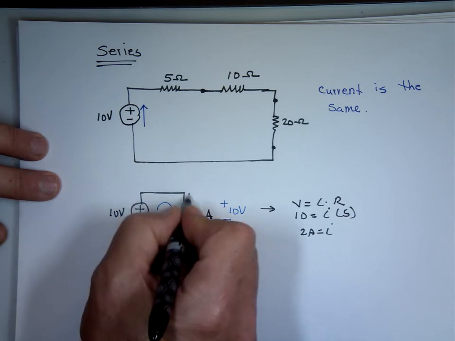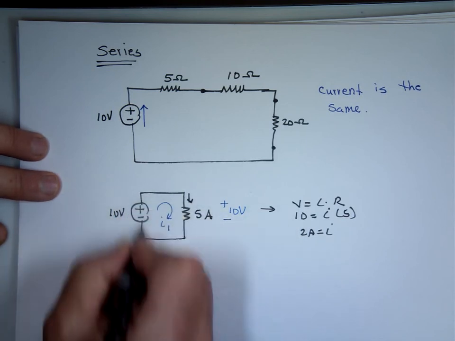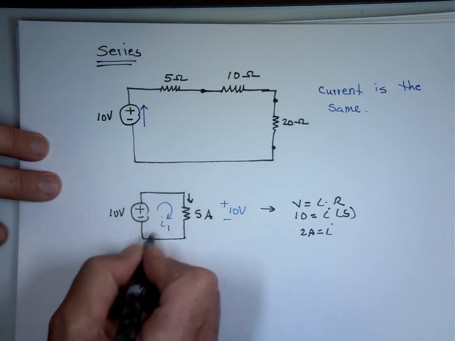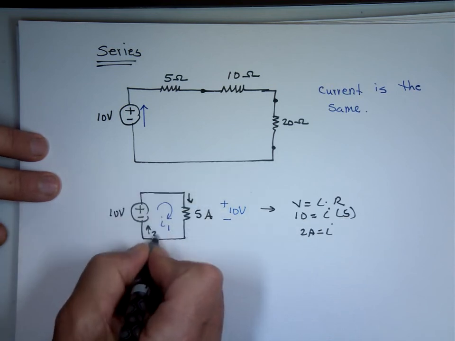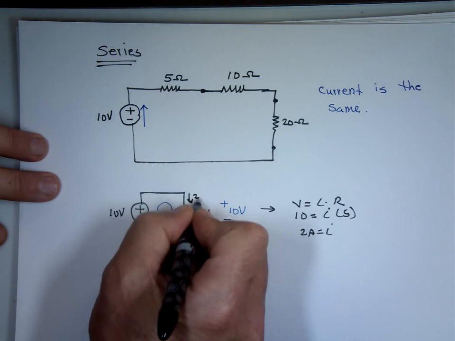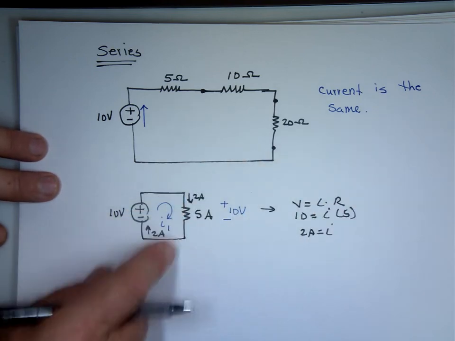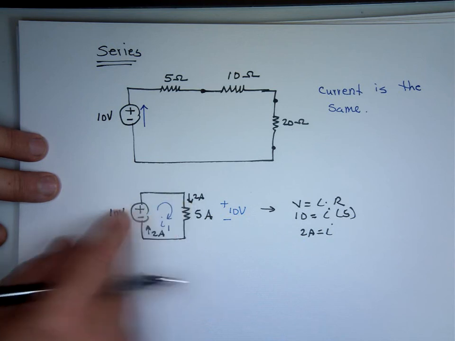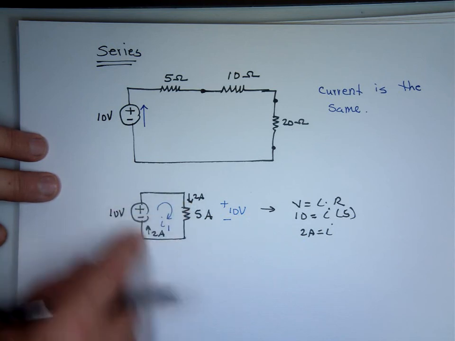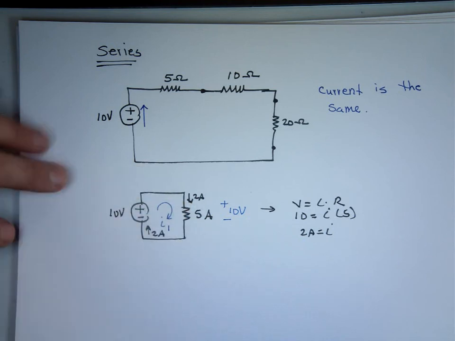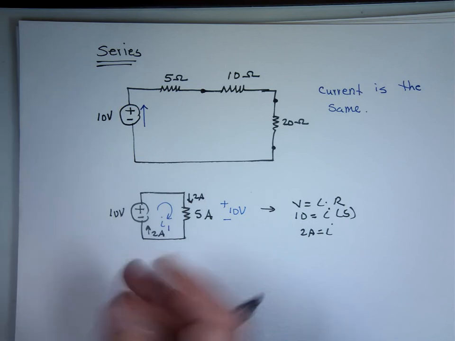That's what the arrow means. Coming down, going up. Coming down through this to take the V times I, 20 watts here, and going up there to supply 20 watts. What's not in parallel is this.